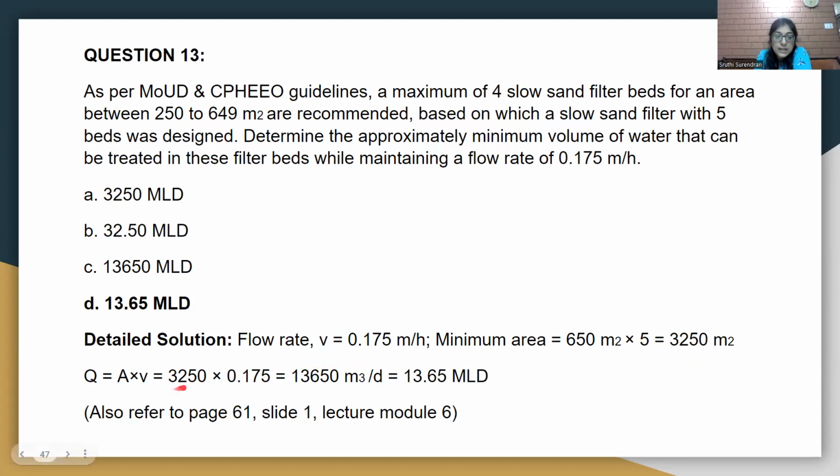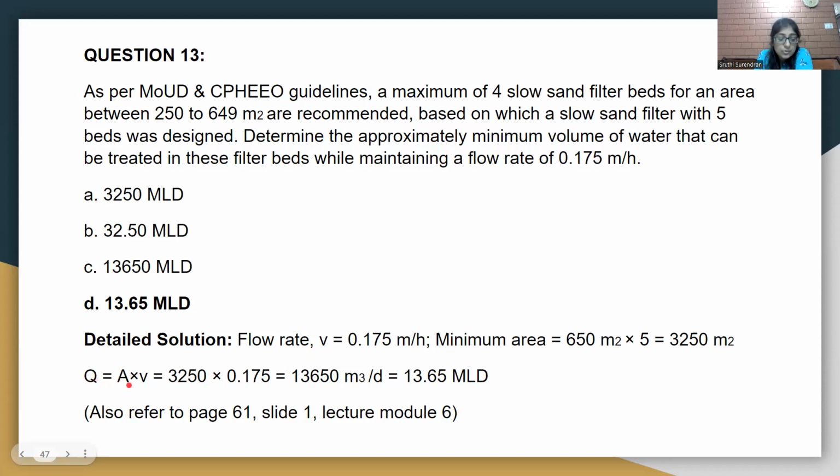Now we have the total area and we have the flow rate also. So flow rate is equal to 0.175. We know that Q is equal to A into V. So substituting 0.175 is equal to 325 by dividing the flow rate. This thing is wrong over here. You have to be dividing these values, not multiplying it.